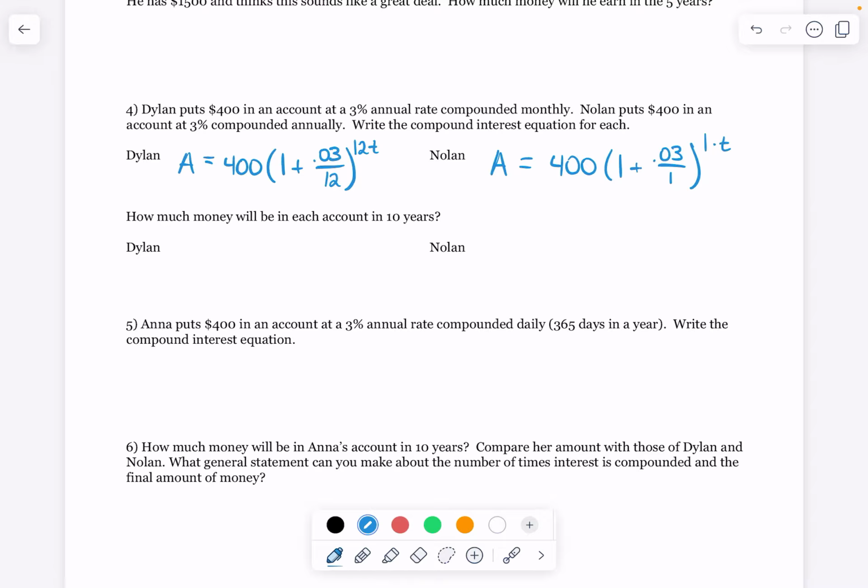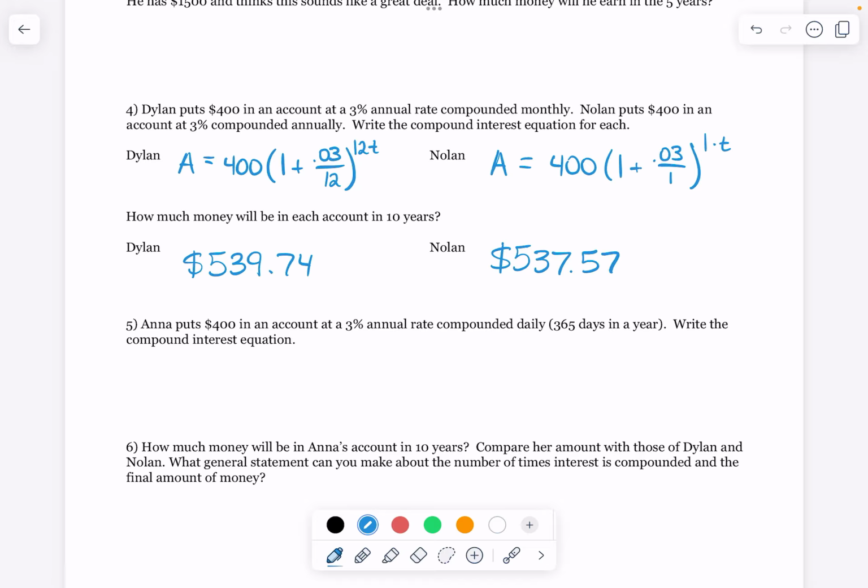And if we wanted to calculate this for 10 years, we would do that below. Go ahead and pause the video, and I want you to do a calculation for that to figure out how much each of them would have after 10 years. When you do that calculation, you should find that Dylan will end up with $539.74, and Nolan will have $537.57.